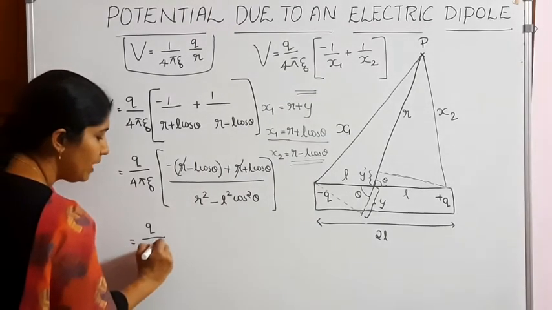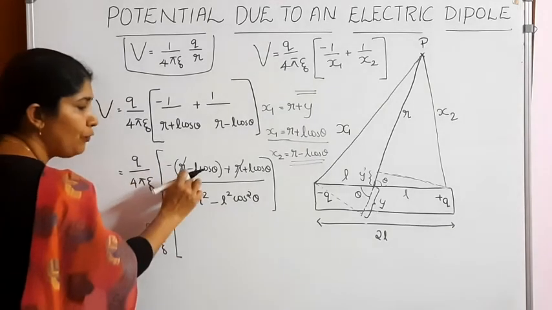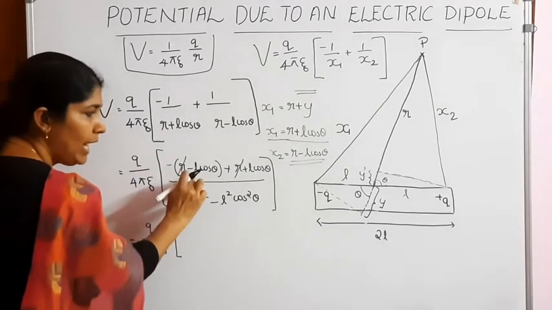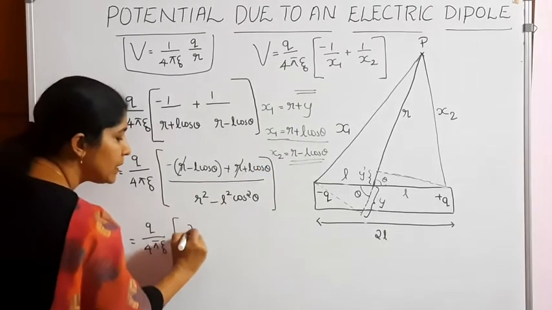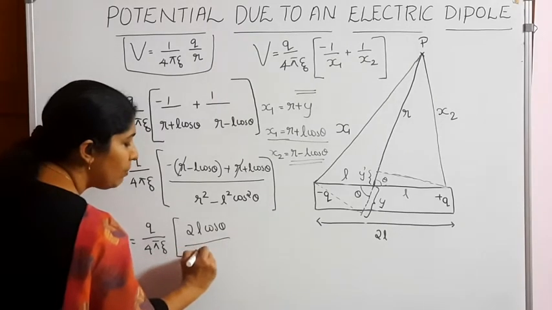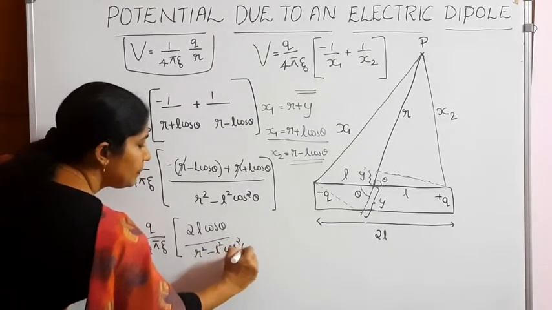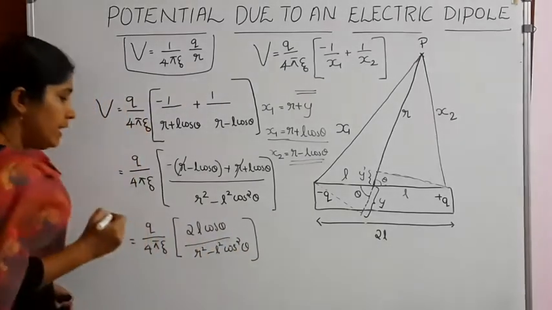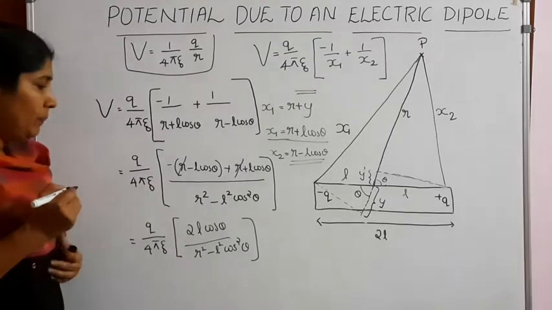So the equation becomes 1 by 4 pi epsilon 0 into minus of minus plus, therefore L cos theta, here also L cos theta, then 2L cos theta divided by r square minus L square cos square theta. This is the expression for the potential at the point P due to the dipole.